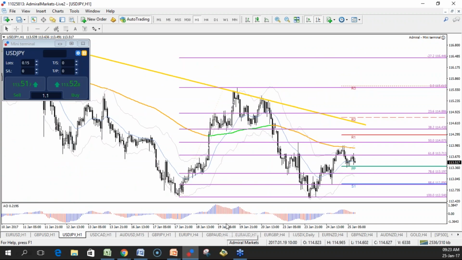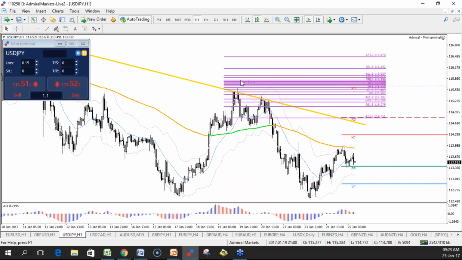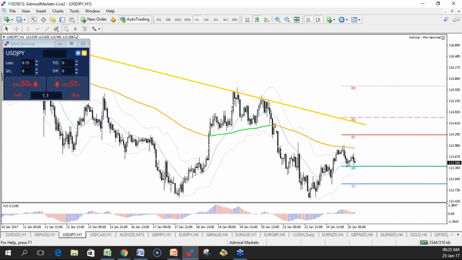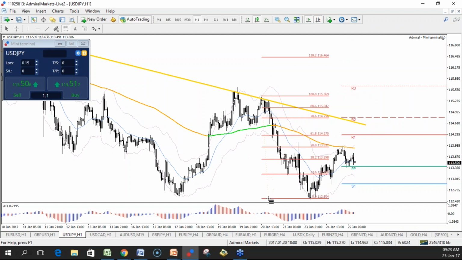All right, dollar yen. When we put a fib from here to here, basically you can see the behavior when looking at the oscillator.